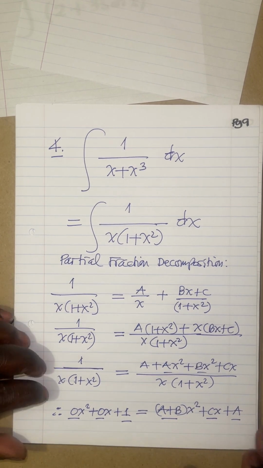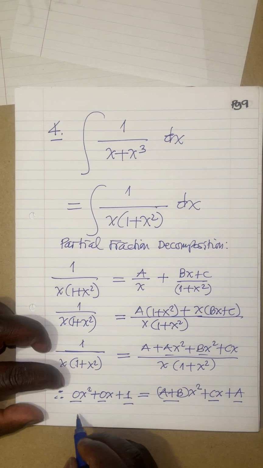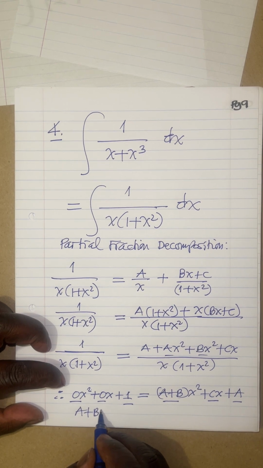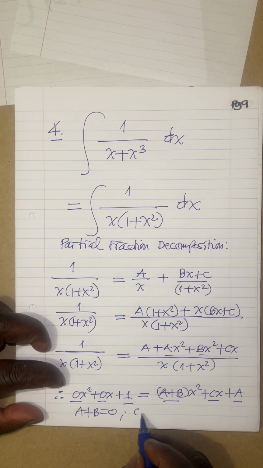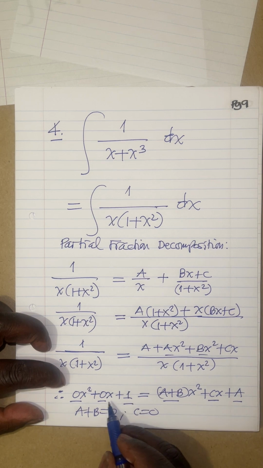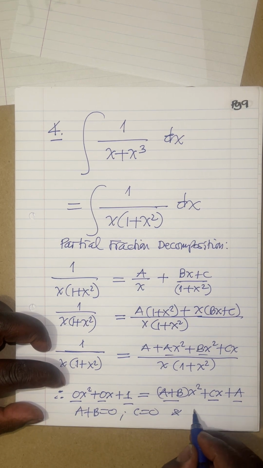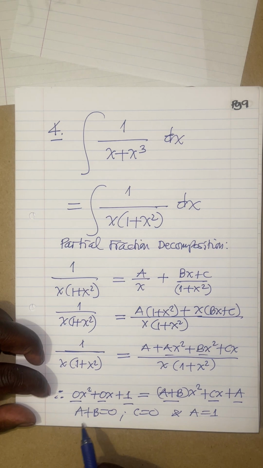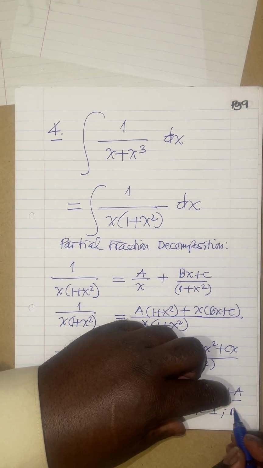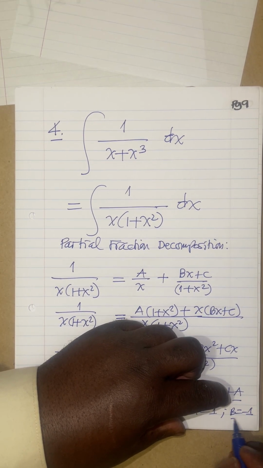So basically now I'm saying a plus b equals 0, c equals 0, and a equals 1. Now clearly you can see if a equals 1, b will be equal to minus 1.